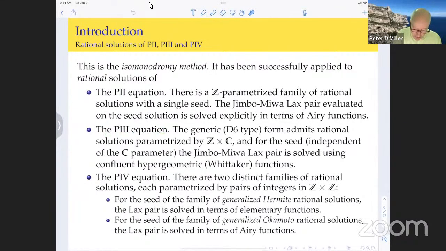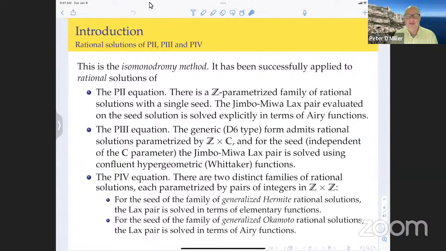Painlevé-III equation, which is not really the main topic of this talk, but if we consider the more generic form of Painlevé-III, that's called the D6 type equation. That one admits rational solutions parameterized by an integer, and there's also just a complex parameter that's free.